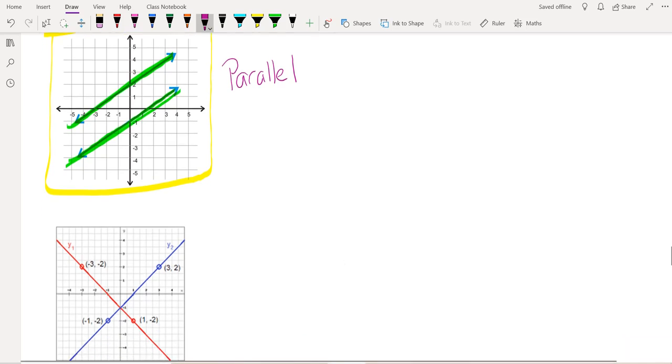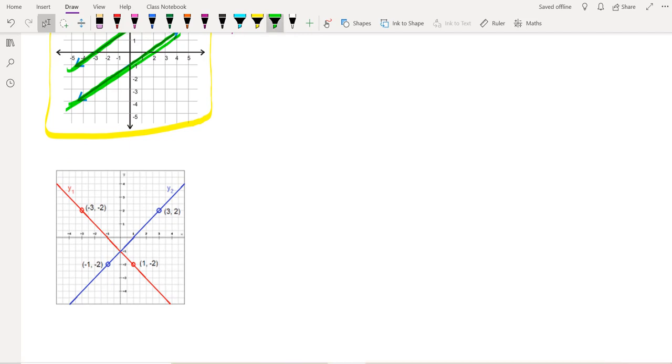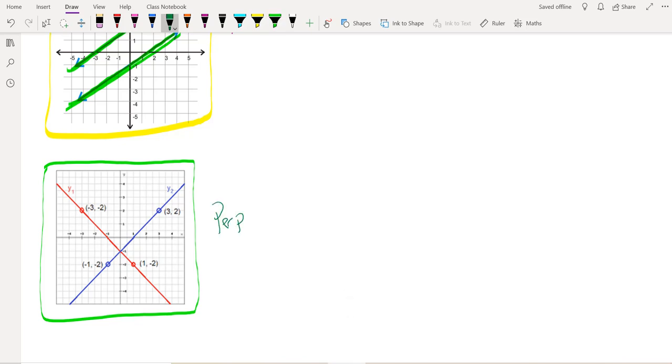The second condition that we're going to look at are two lines that look like this. This condition is called perpendicular lines.